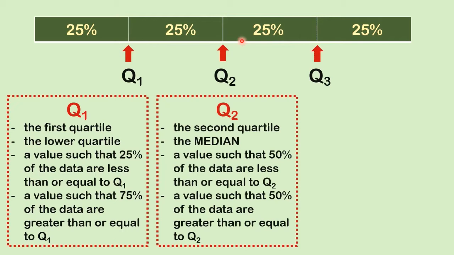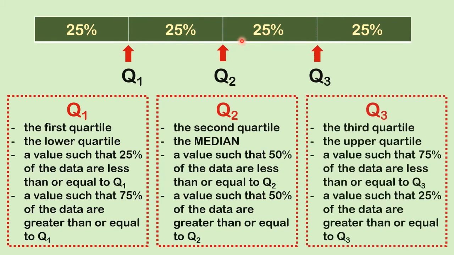Lastly, we have Q sub 3. This is our third quartile. What is the other name for Q sub 3? This is the upper quartile. Based on our diagram, ito yung Q sub 3 natin. Ilang percent of the data are less than or equal to Q sub 3?